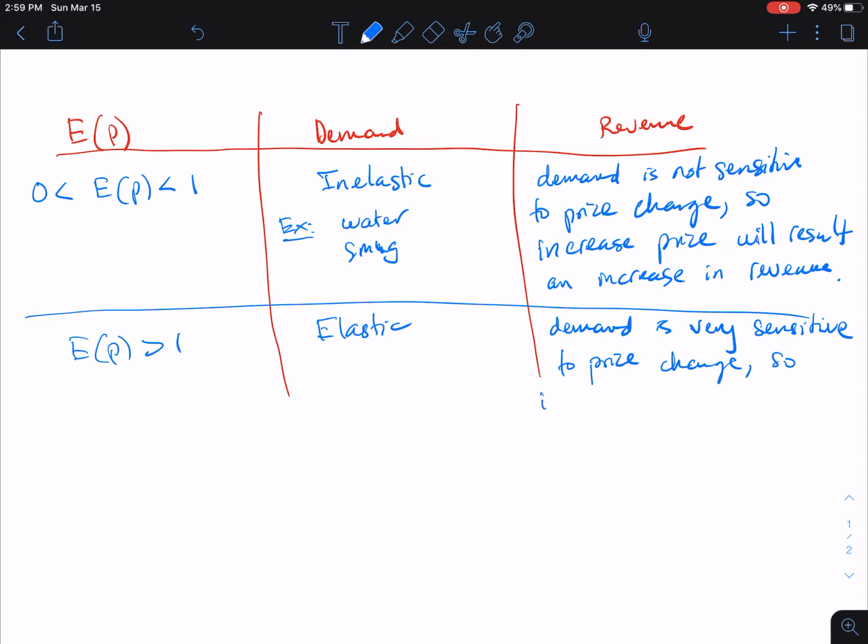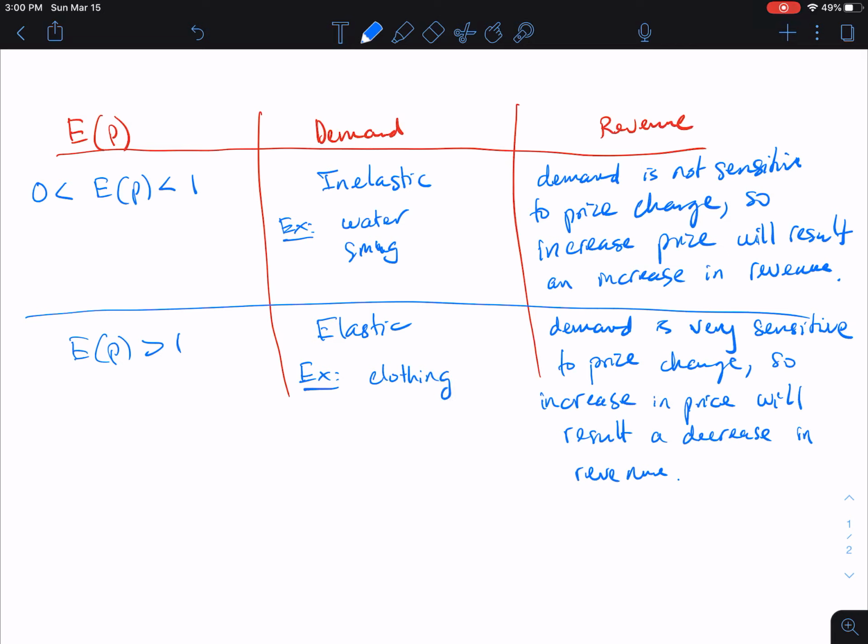So any increase in price will result in a decrease in revenue. An example of elastic demand would be something that we don't really need to survive. I would say a clothing brand would be an example of that. If one brand of clothes is more expensive than the other one, we have an alternative option to buy at a lower price. So that would be an example of elastic demand.